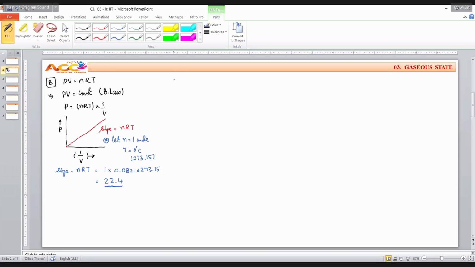I am not changing the heading. I am keeping it as it is, saying PV is equal to nRT. Now suppose I say V is equal to nR by P into temperature. Now look at this. Is it not V is equal to KT? Okay, sir, we are discussing Charles law.